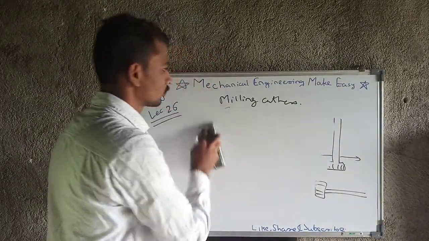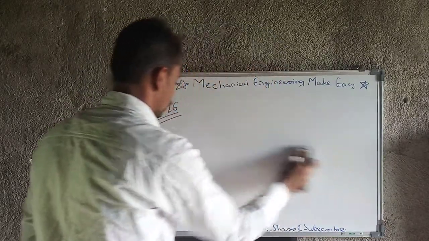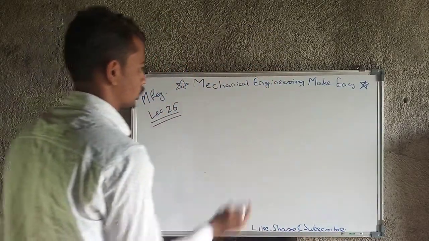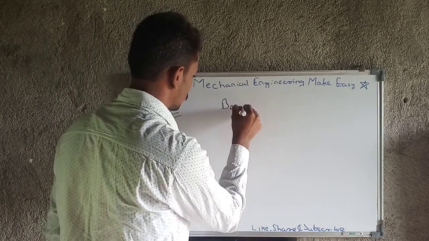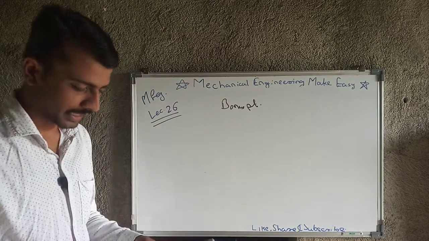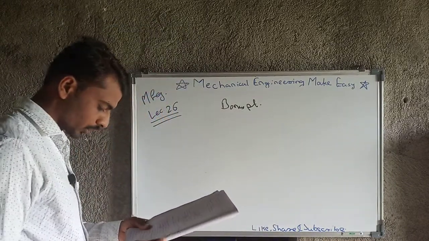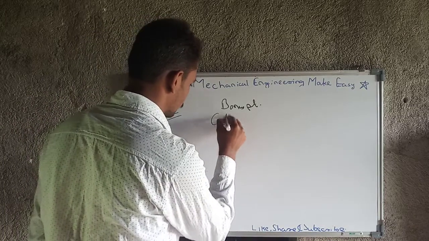Then we will move towards our last topic of the session, that is nothing but the bonus point. From milling it is too much for our GATE preparation, so that's why I am not going into too much detail. So what is the bonus point? The bonus point is cutting fluids.